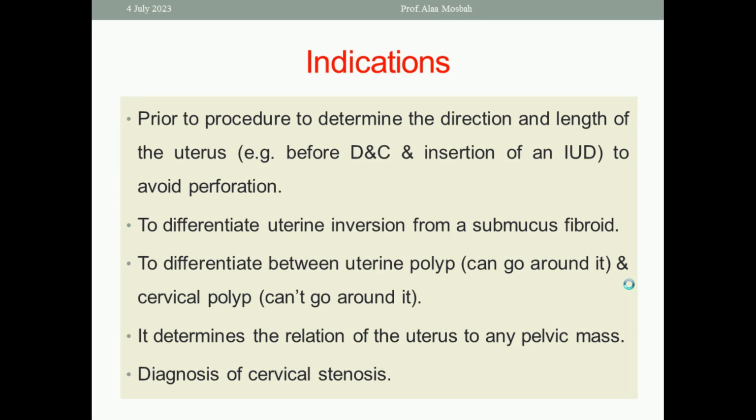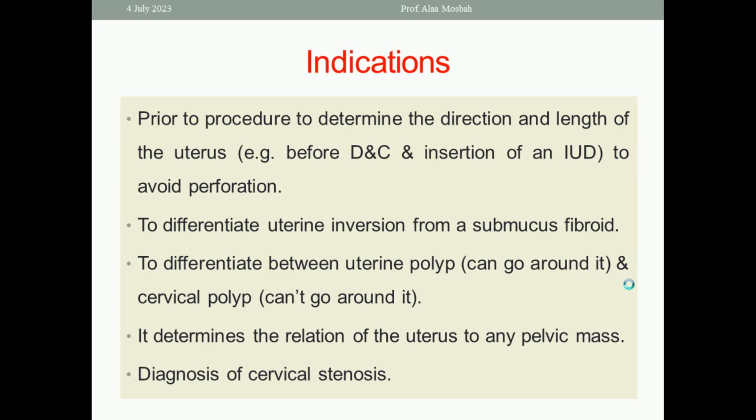To differentiate uterine inversion from submucous fibroid, we need uterine sounding. Okay? If there is uterine inversion, the uterine sound cannot go through the cavity because the uterus is inverted, while in submucous fibroid, the sound can pass into the uterine cavity. Also, to differentiate between uterine polyp and cervical polyp.